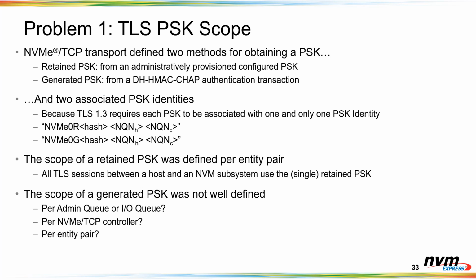Again, we are getting into a situation in which each DH-HMAC-CHAP transaction generates a PSK. But I need an identity that enables me to identify that PSK. And I defined only one identity. So in reality, having defined only one identity between host H and controller C means that I can have only one generated PSK. But I can generate many. You understand where the problem was. We did not define well the scope of a generated PSK and how to identify it.